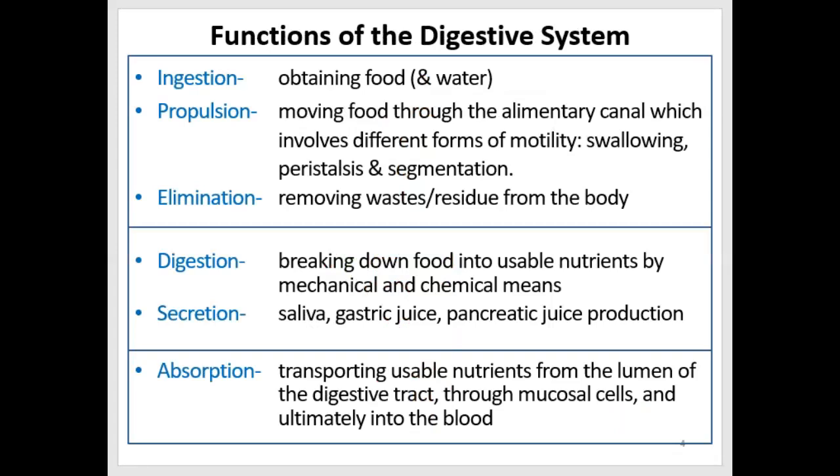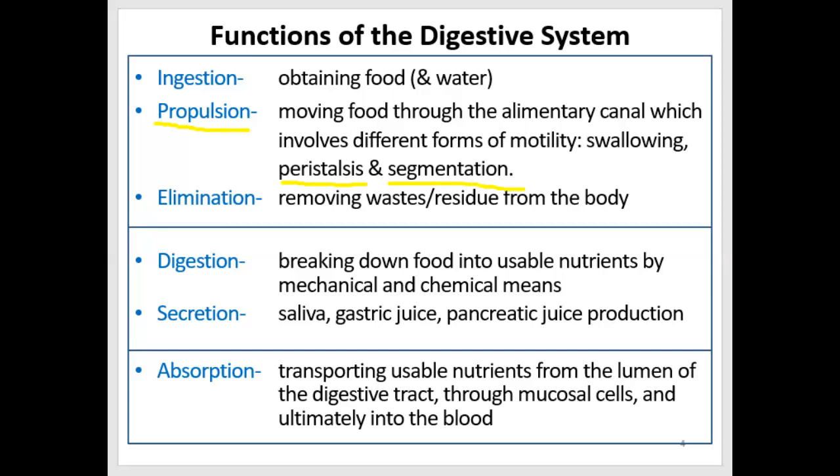So all the functions of the digestive system can be classified basically into three categories. The first category or set of functions involve ingesting nutrients, propelling those nutrients along the alimentary canal, so we could call that propulsion, and that involves different types of muscular motility, including swallowing, rhythmic peristalsis, and rhythmic segmentation.